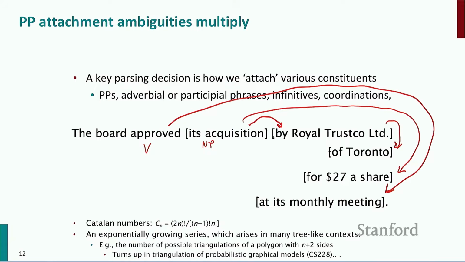But nevertheless, the number of readings you get is the Catalan series, which is a series you see in a whole bunch of other places if you've done any graph theory or anything like that. If you're doing triangulations, you get Catalans because you get the same property that things don't cross. So it's an exponentially growing sequence of possible readings, and so it quickly gets very big. I think when you've got 4 prepositional phrases, you get 13 readings, and if you have 5, you get 27, and it grows up from there.